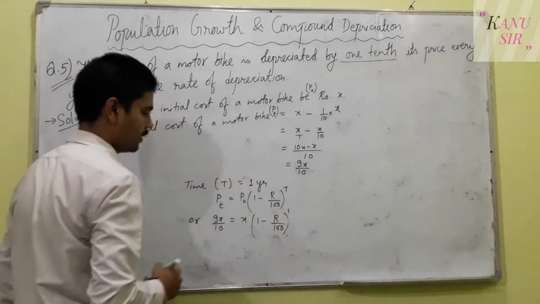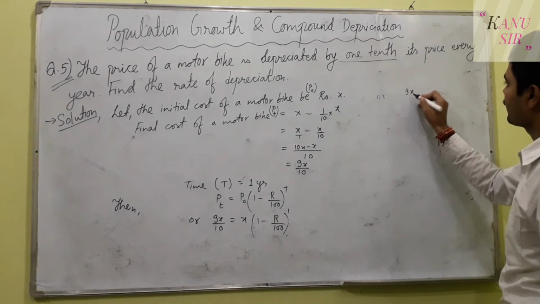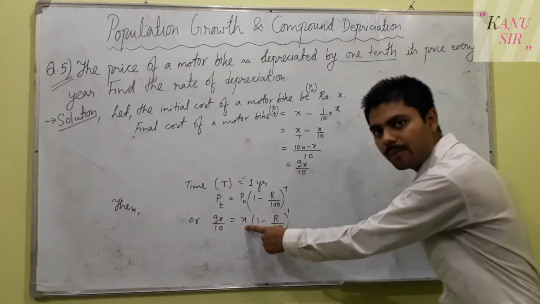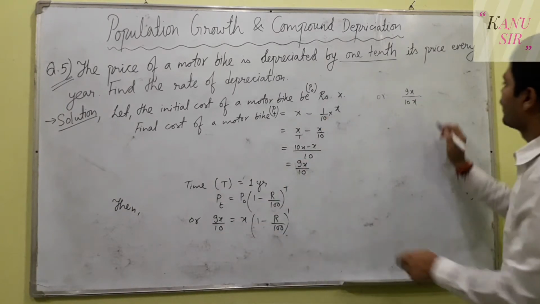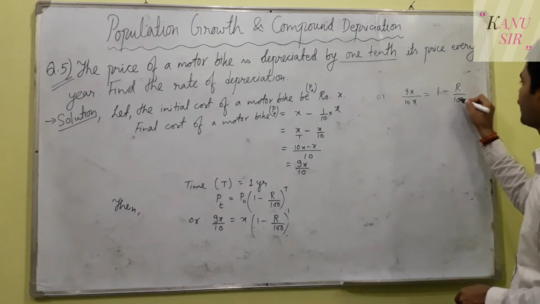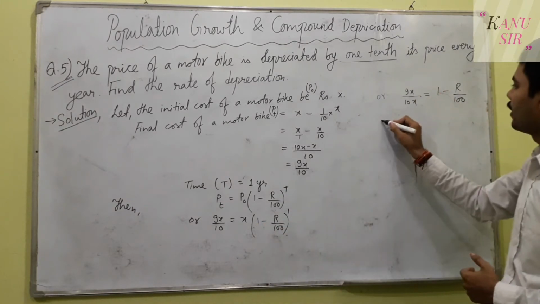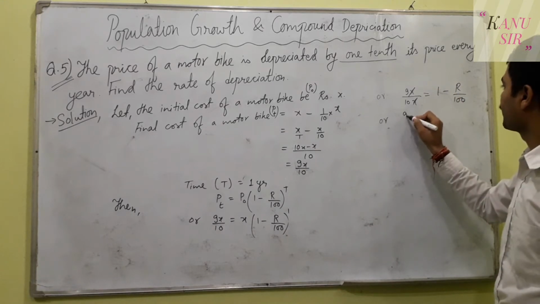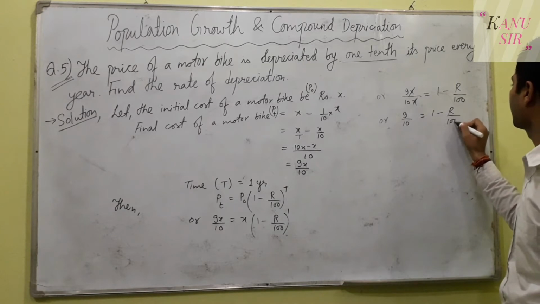So 9x upon 10 divided by x, because the right hand side is in multiplication form, so when it goes to the left hand side it will divide, is equal to 1 minus r upon 100. Because the power is just 1, the bracket can be removed. 9x is divided by x, so 9 upon 10 is equal to 1 minus r upon 100.